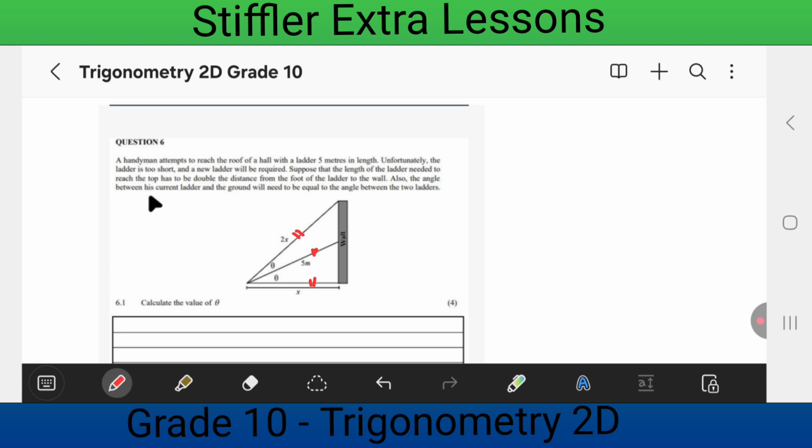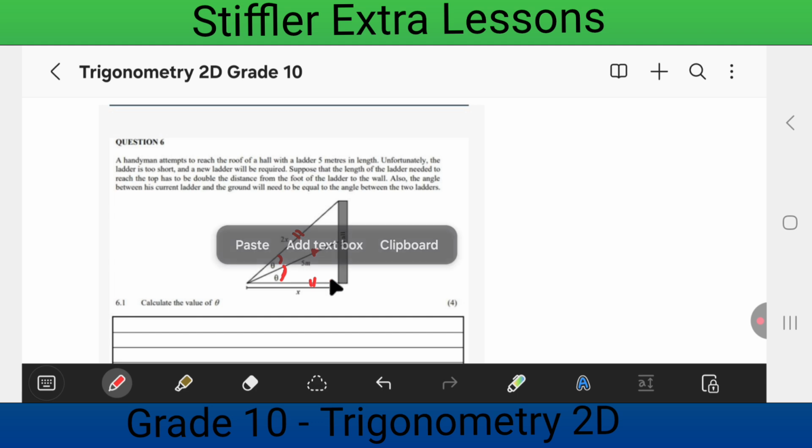Also, the angle between the current ladder and the ground will need to be equal to the angle between the 2 ladders. So it means that here it will be theta and here it will be theta, right? Like I said, we can see that you're having 2 triangles and this is supposed to be 90 degrees because this is between the ground and the wall. So it always makes 90 degrees, right? So we are having 3 triangles, but the right-angled triangles are actually 2.